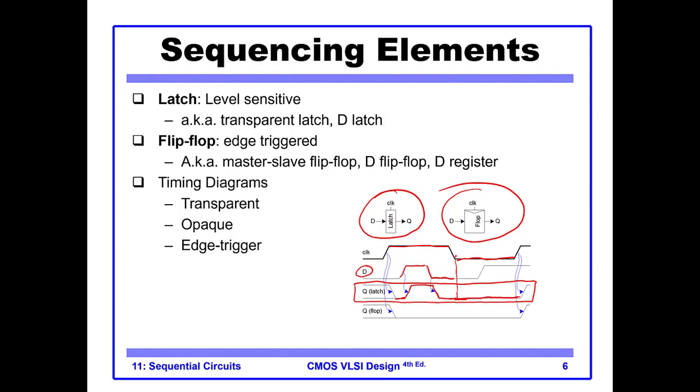So we have discussed the operation of the latch before, but if you consider the flip-flop, it is working like this: on each positive edge of the clock, it samples the input and places that value at the output.